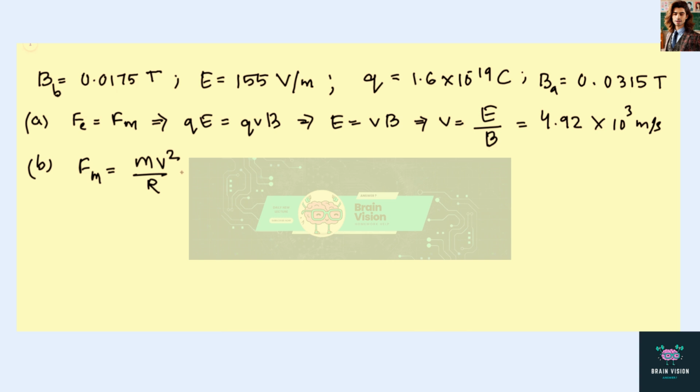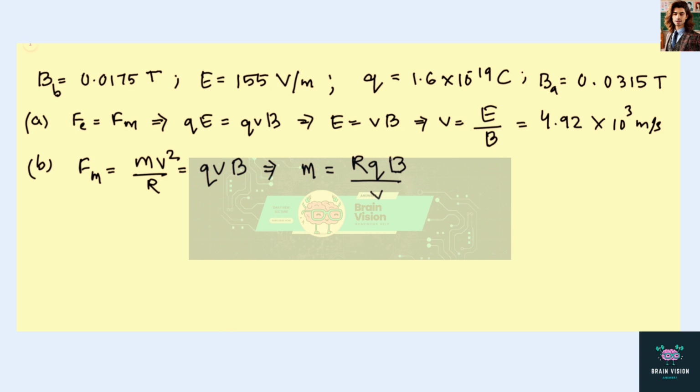And the magnitude of the force is equal to q times v times B. And from here we can find the mass, which will be equal to R times Q times B over V, where Q is a positive ion of charge of the electron.